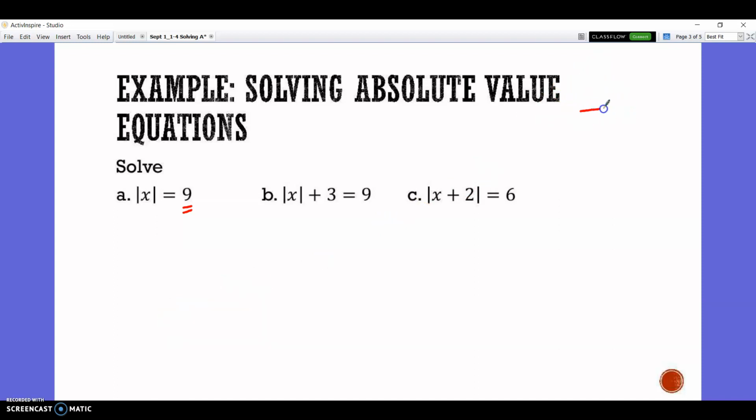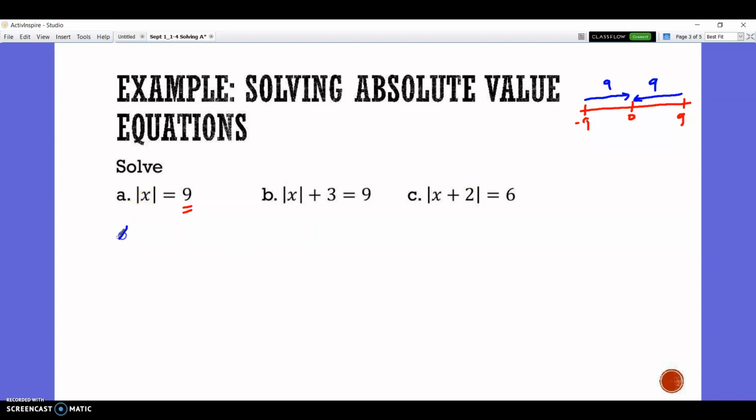So if we look on the number line, absolute value is the distance away from 0. So if we're over here at -9, or if we're here at +9, the absolute value of 9 is 9, and the absolute value of -9 is also 9. So they're both 9 units away from the number 0.